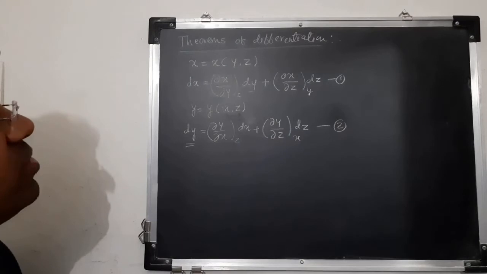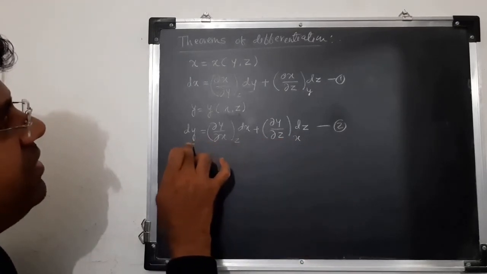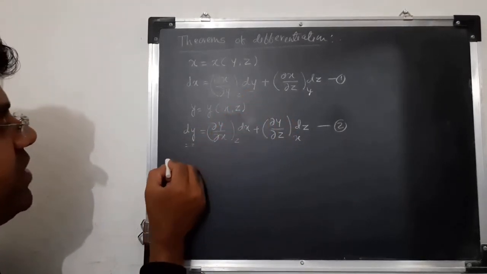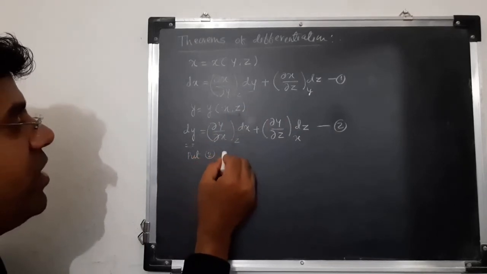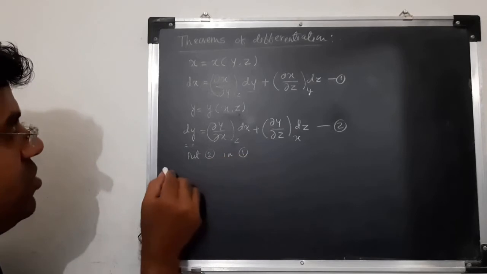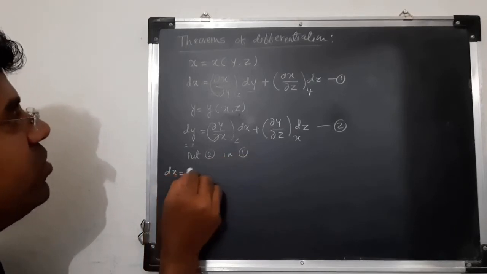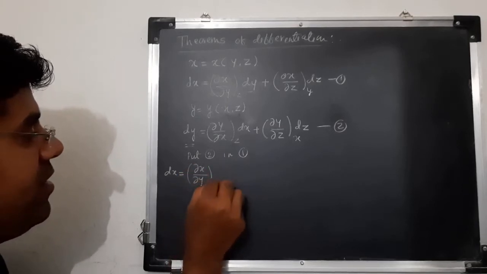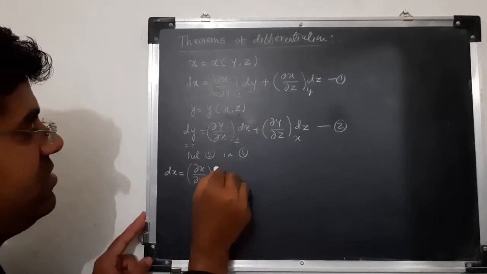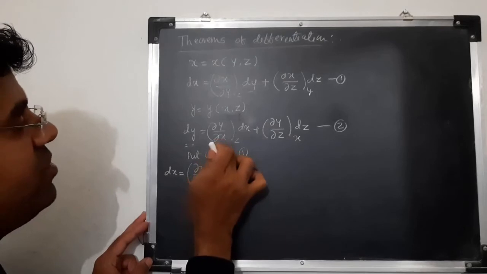So we'll put the dy value in this equation. Put 2 in 1. So dx equals delta x by delta y at z constant, into this dy value.